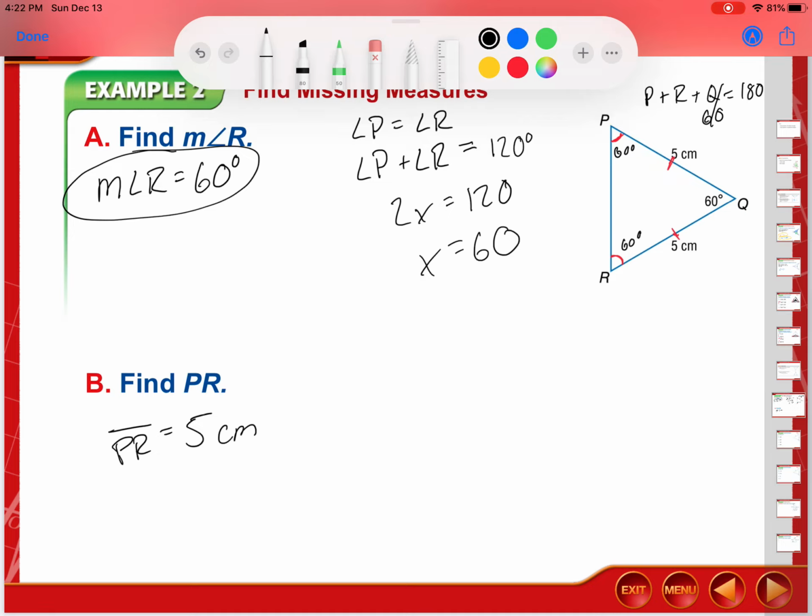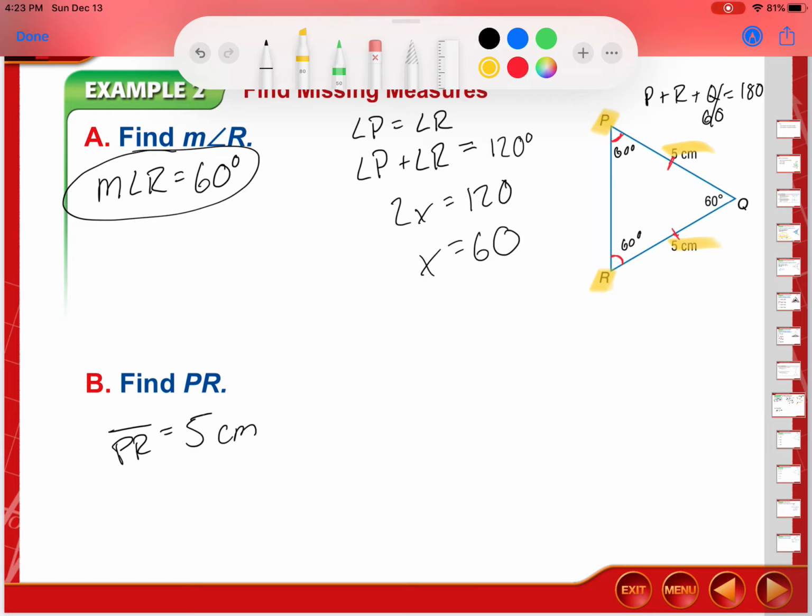So just to recap what we did here, because I know we moved kind of quick on that. We started off with just knowing that these two sides were 5 centimeters. From there, we were able to say angle P and angle R were the same.